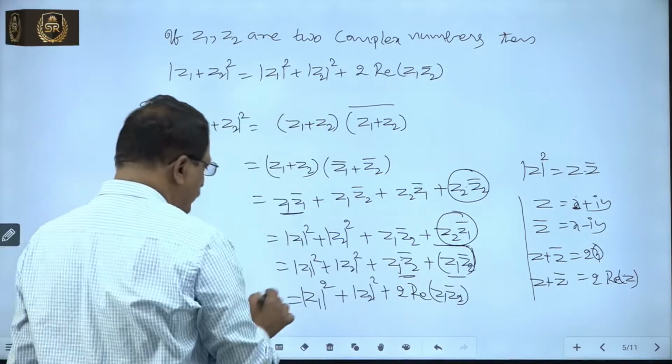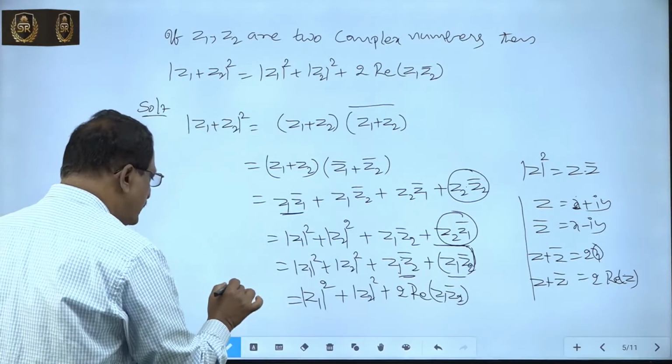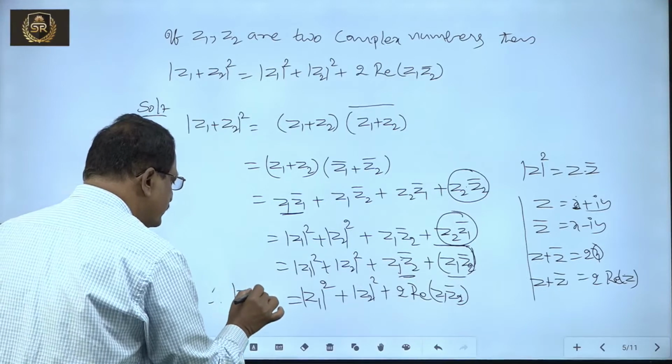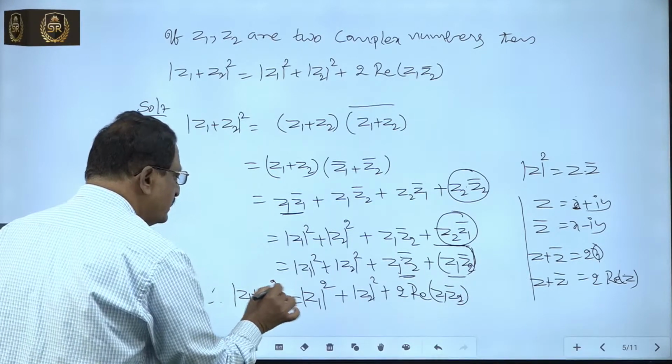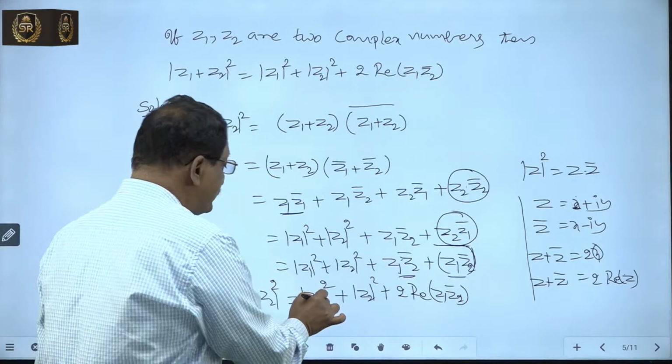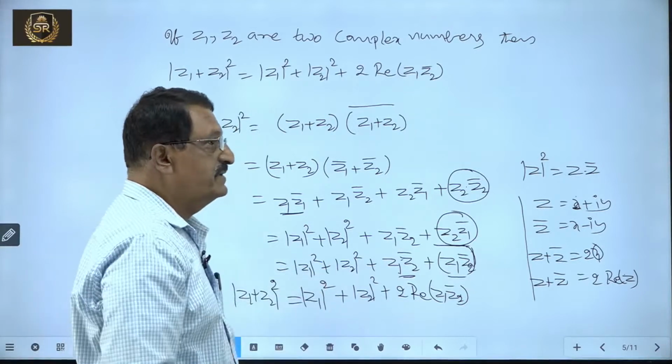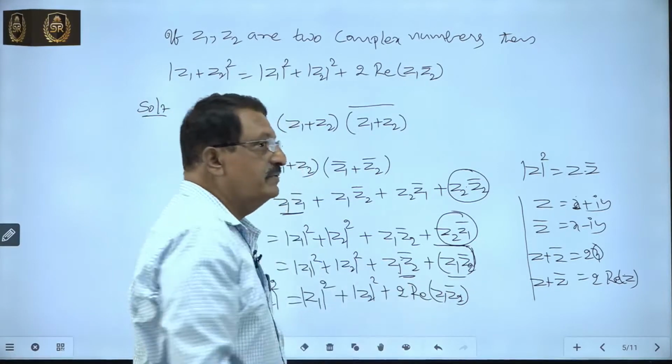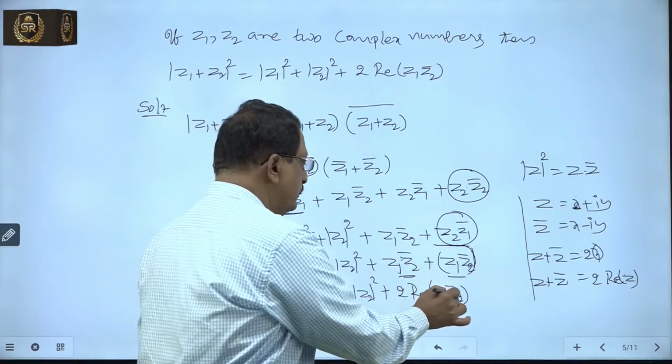Therefore, mod of (Z1 plus Z2) whole square equals mod Z1 square plus mod Z2 square plus 2 into real part of Z1 Z2 bar.